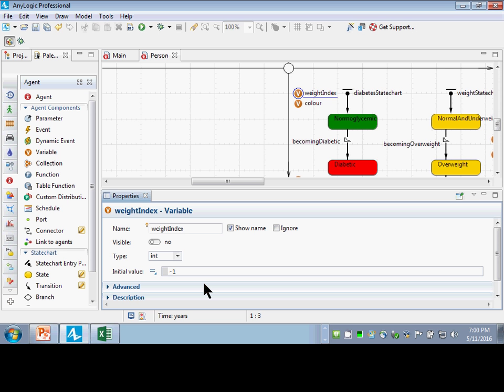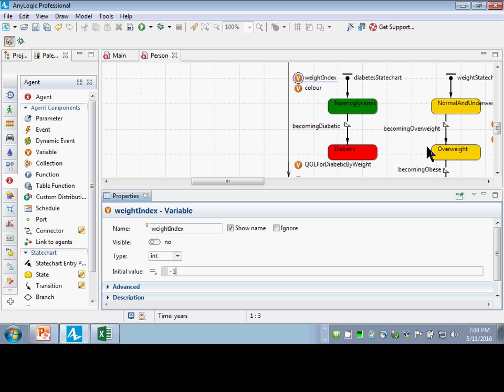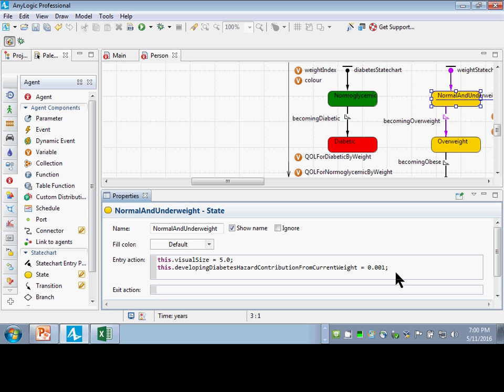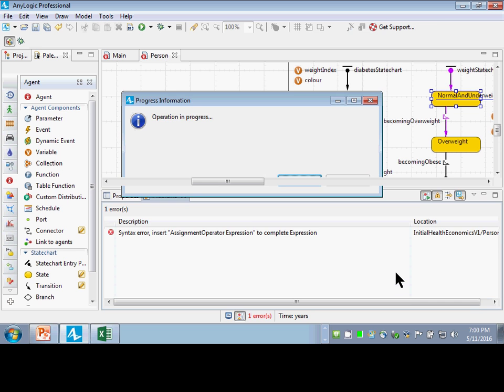Okay, now where does it need to be set? In the health states. Man, you folks are good. Okay, normal and underweight. And we're going to do this dot weight index. Oops, weight index. Hey, I said this dot weight index. Okay. Oh my gosh. Okay.